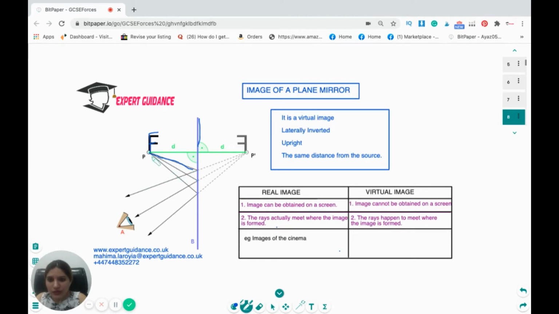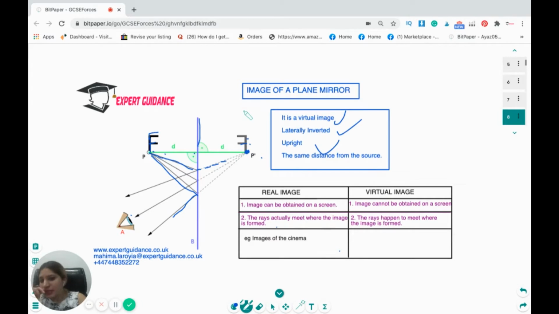So at various places, the light will be reflected and reach your eye. Now I can only see in a straight line. So we will extrapolate these lines backwards, and where they meet will be the image, right? So if this is F, the image will be made at P dash, which will be laterally inverted. It will be a virtual image, laterally inverted, upright, and it is the same distance from the mirror.